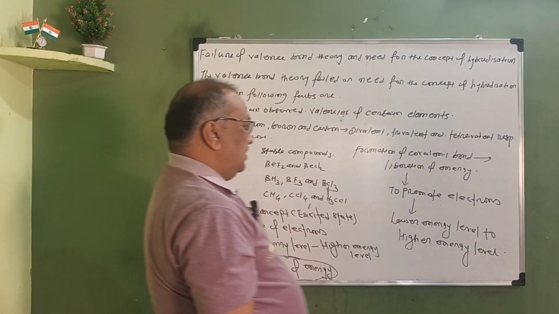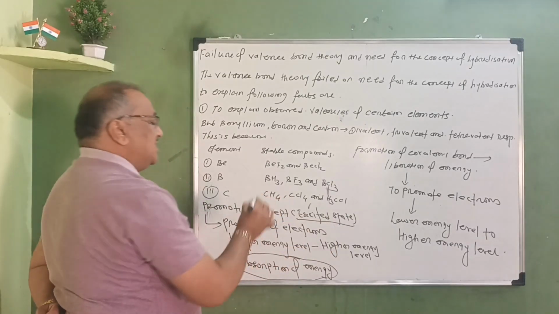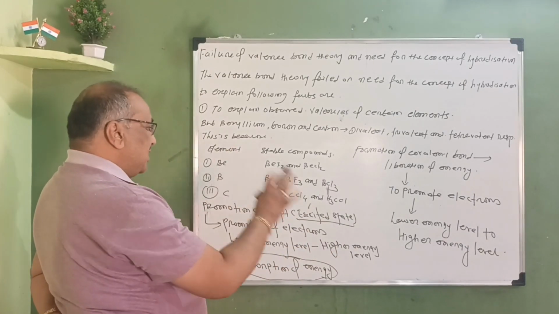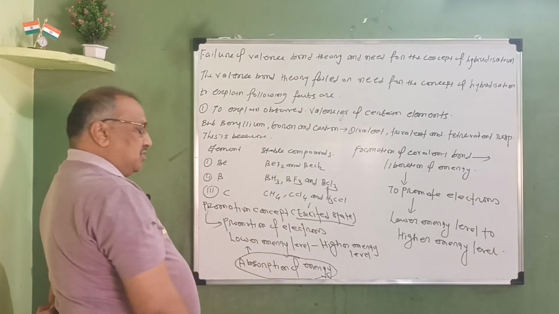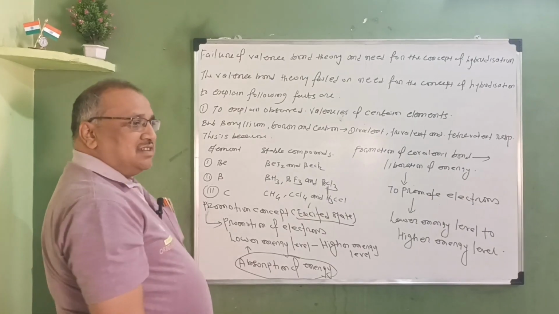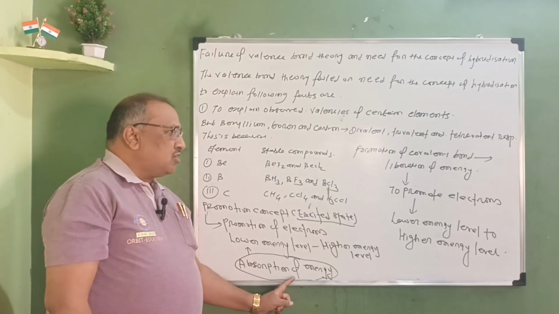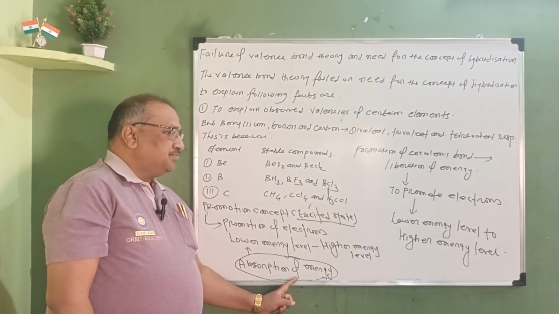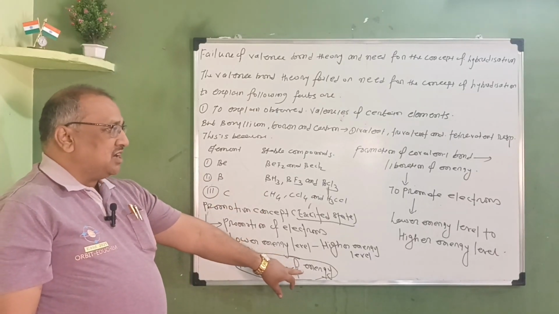Now here in this case you will get the new concept, that is excited state, and keep in mind the definition of this excited state, that is promotion of electron from lower energy level into the higher energy level due to absorption of energy. But from which source does this energy come?